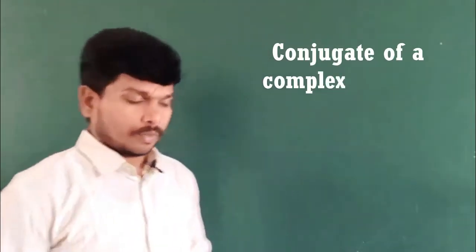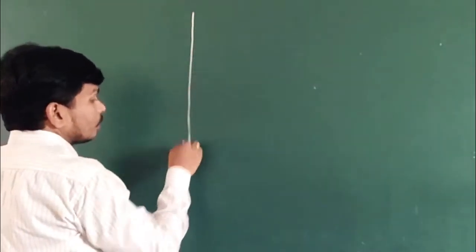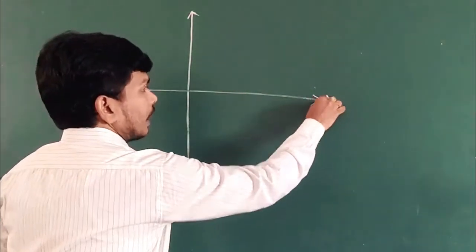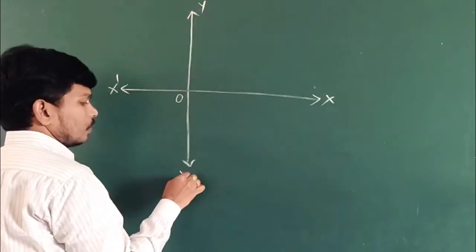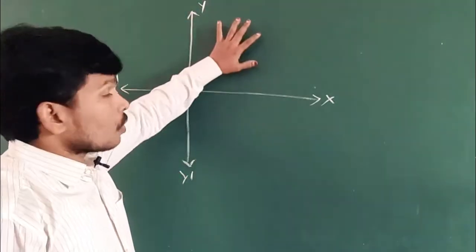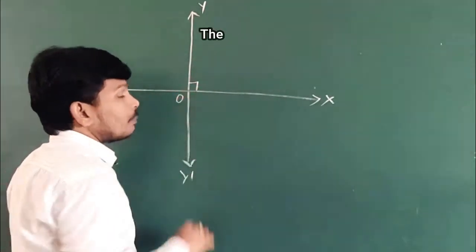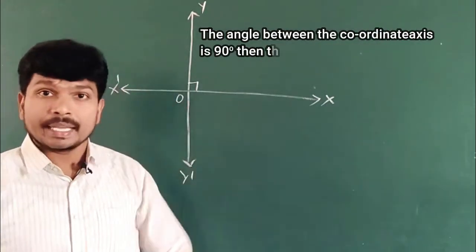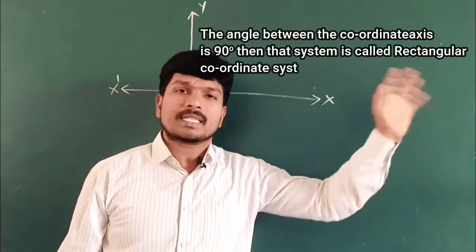So what is meant by conjugate of a complex number we will discuss now. You know this is a coordinate system X'OX, Y'OY. This coordinate system is called rectangular coordinate system. If the angle between the coordinate axes is 90 degrees, then that system is called rectangular coordinate system.